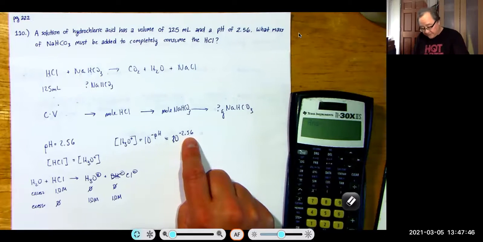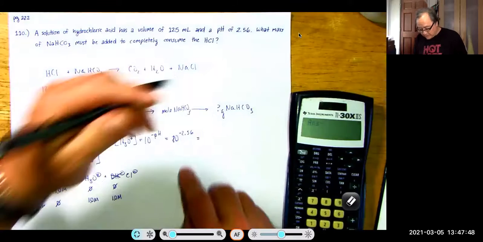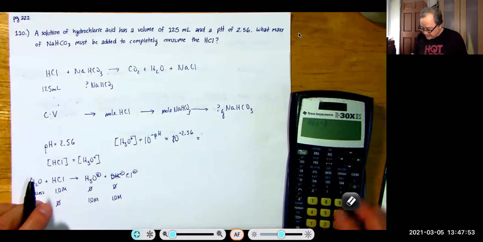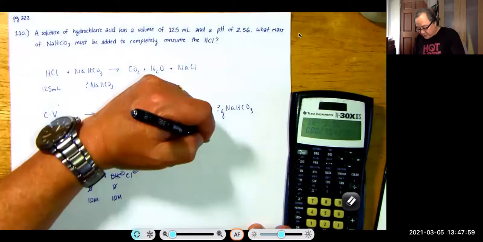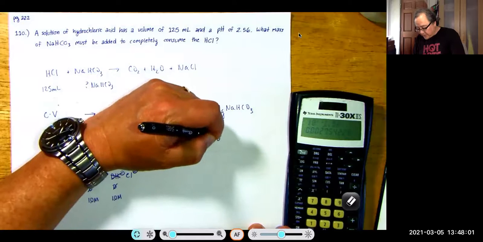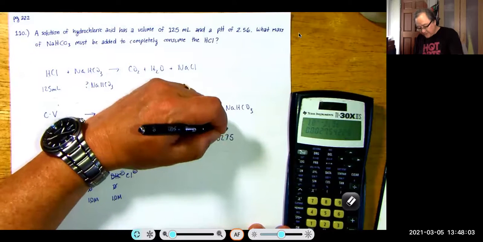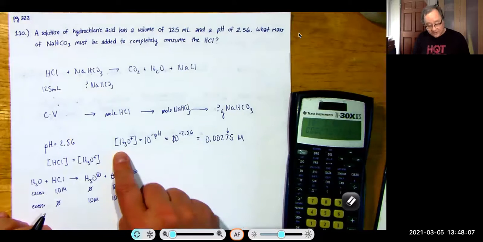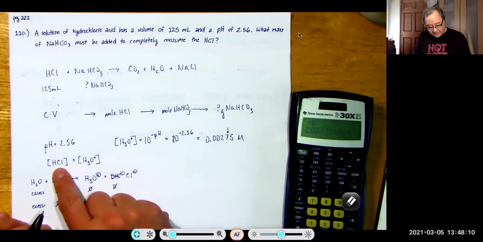So we get 2 sig figs for this particular problem. I'm going to do 10 caret negative 2.56, and I get 0.00275 molarity. So that's the molarity of the hydronium ion concentration, which is the molarity of the HCl.